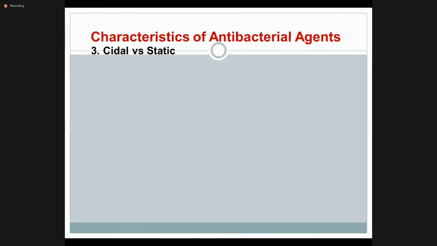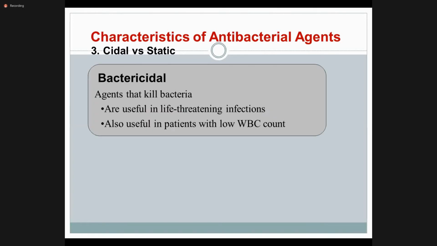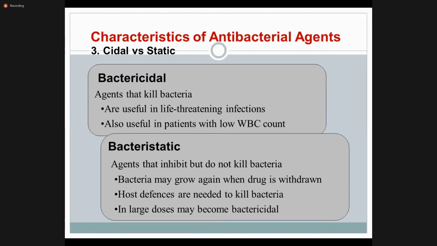Now, the characteristics of antibacterial agents. Again, this is one of the most important terminologies. One term that we use is bactericidal, and another term that we use is bacteriostatic.